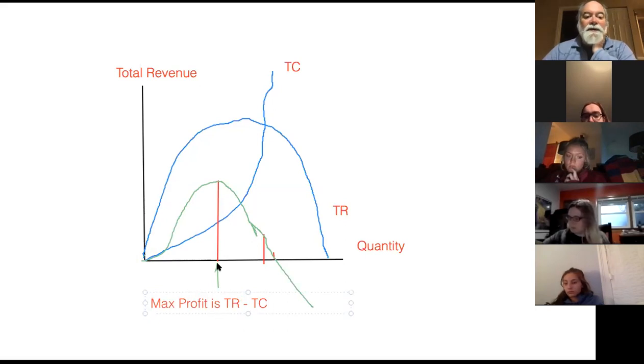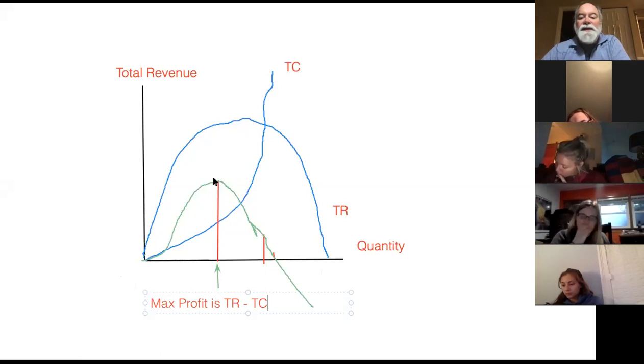And so where the arrow is, that's where the profit is maximum. So we're always thinking in terms of what is the quantity that we want to produce and what is the quantity that we want to supply. And we want to choose the quantity where profit is the highest. All right, any questions?